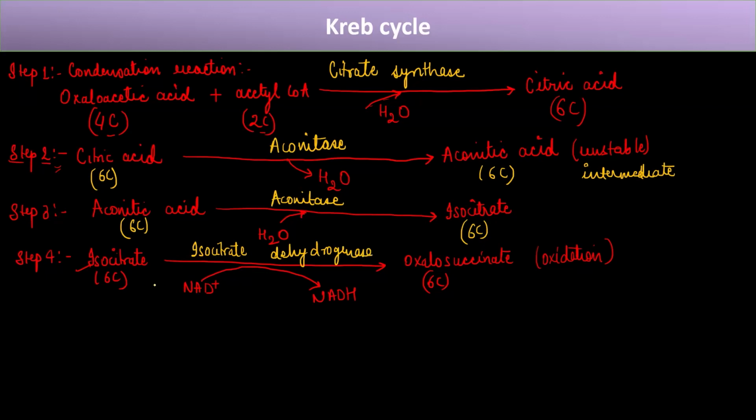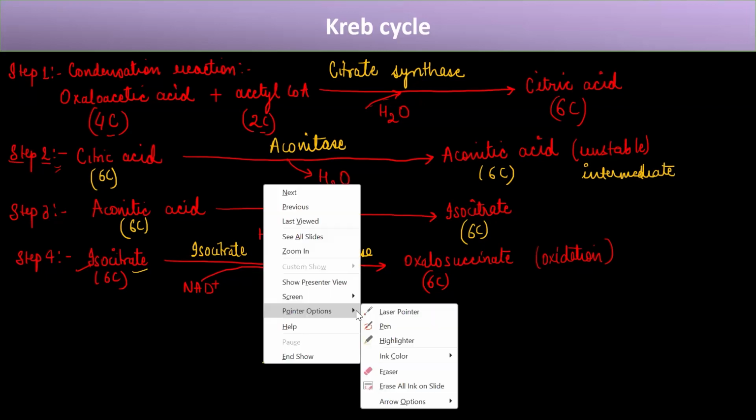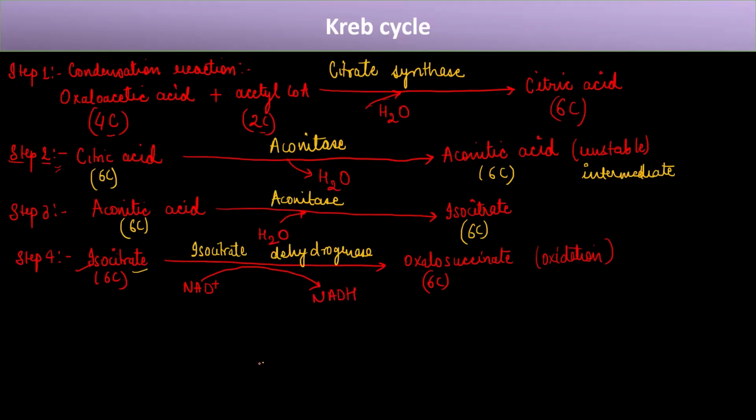That is easy to remember. And because it is catalyzing the reaction involving a substrate named isocitrate, it is known as isocitrate dehydrogenase. Okay, but although there is an oxidation reaction, we still have a 6-carbon molecule. Still no carbon dioxide is released.